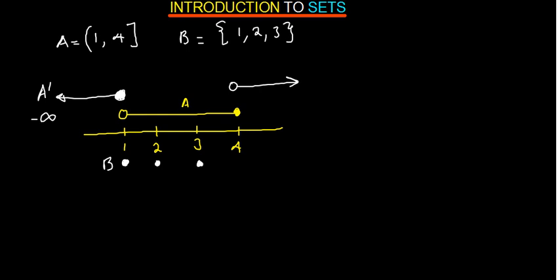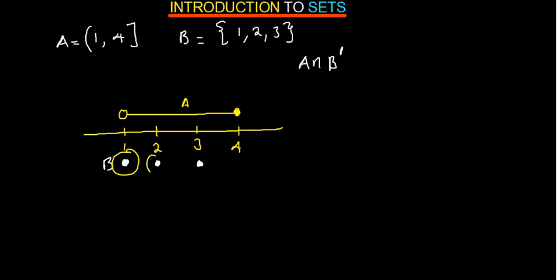And these are some questions we're going to find in such an exam. So what if we want to find A intersection B complement? How can you find it? Now to find B complement, look at B. B has got only elements, right? So for B complement, we are just going to exclude those elements.